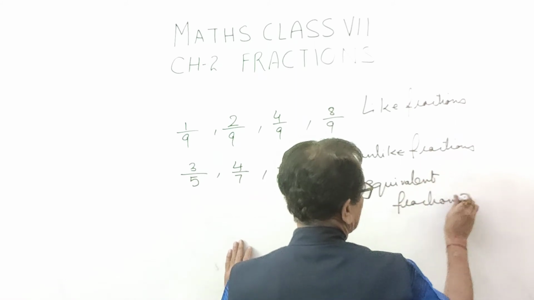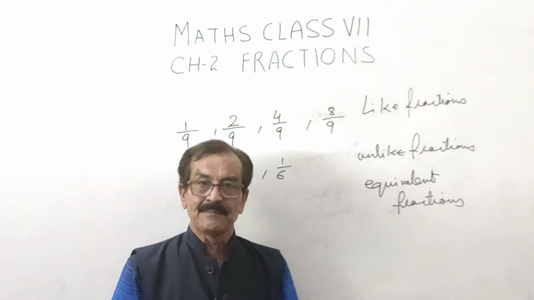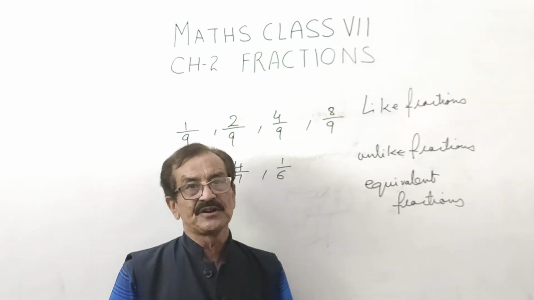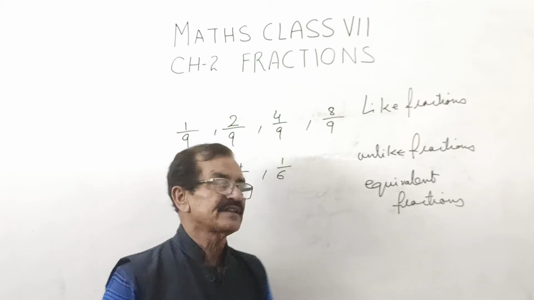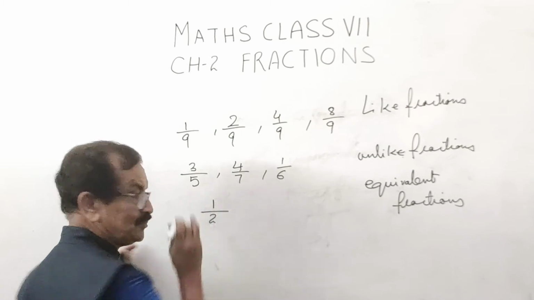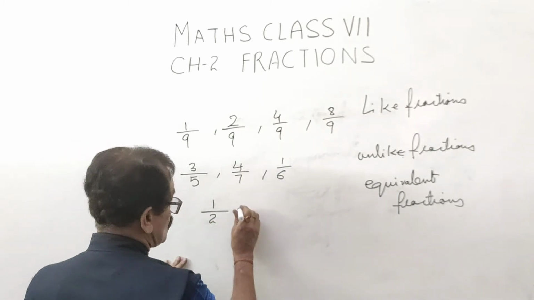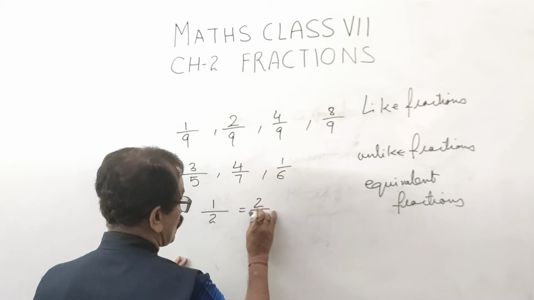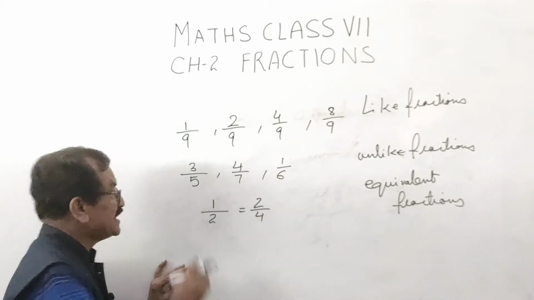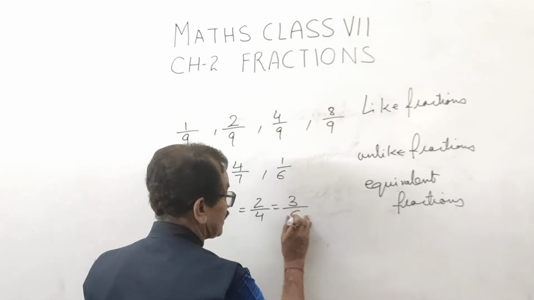Now what are equivalent fractions? The fractions whose value is the same, but the numerator and denominators are different. For example, if I write 1 by 2 and then multiply the numerator and denominator by 2, I get 2 by 4. If I multiply the numerator and denominator by 3, I get 3 by 6.